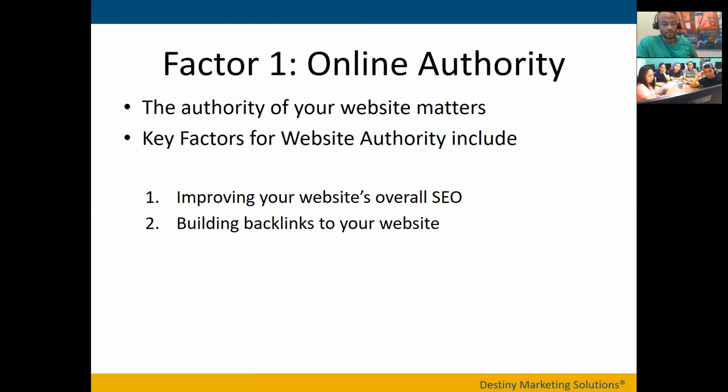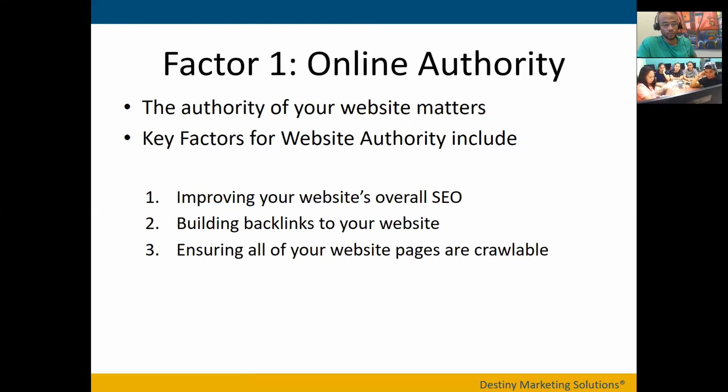This is something that we'll go over in more detail next week, but basically building backlinks to your website helps build your website authority. Number 3, ensuring that all of your website pages are crawlable. So making sure that if you have 10 pages on your website that you want people to find you for, those 10 pages are showing up in Google and resolving any issues if that's not the case.